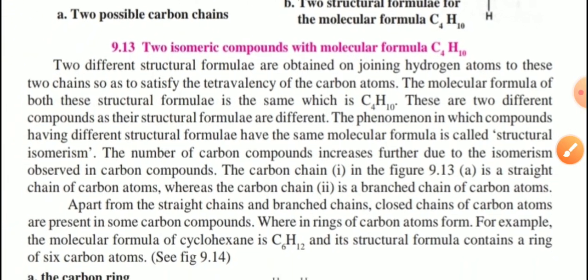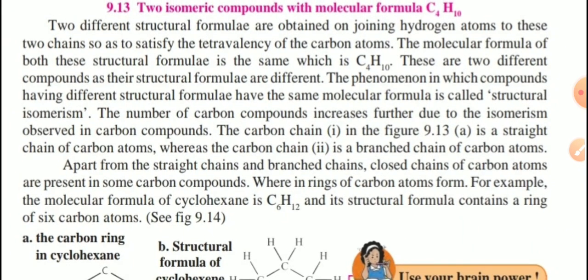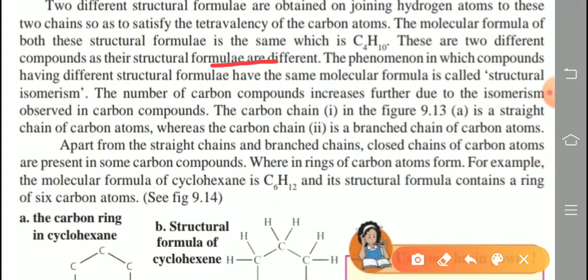See here next paragraph. 2 different structural formulae are obtained on joining hydrogen atoms to these 2 chains so as to satisfy the tetravalency of carbon atom. The molecular formula of both the structural formulae is the same, which is C4H10, means butane. These are 2 different compounds as their structural formulae are different.